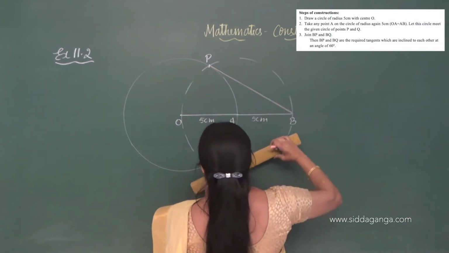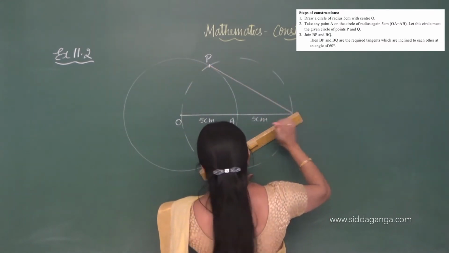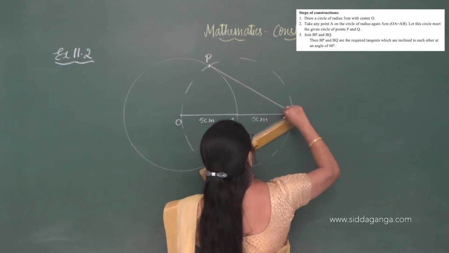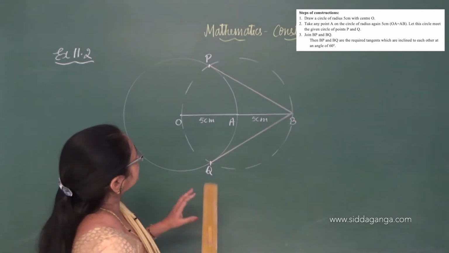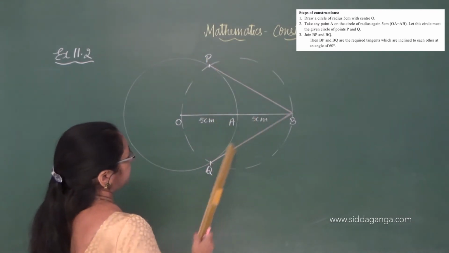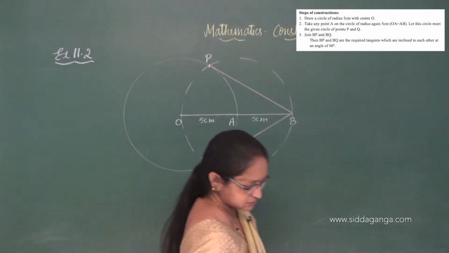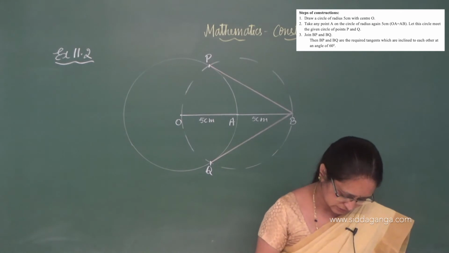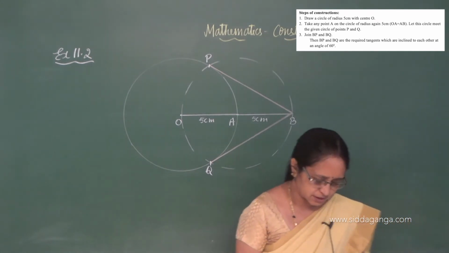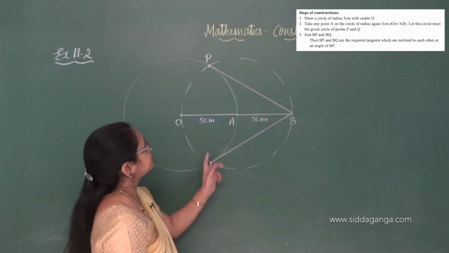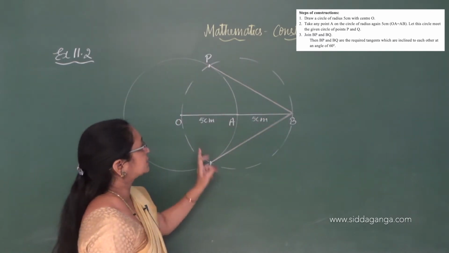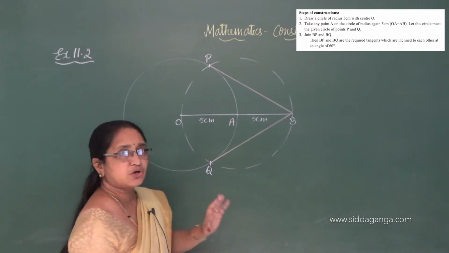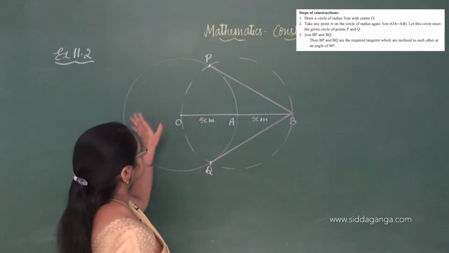So these two are the tangents to the circle. BP and BQ are the two tangents drawn to the given circle.